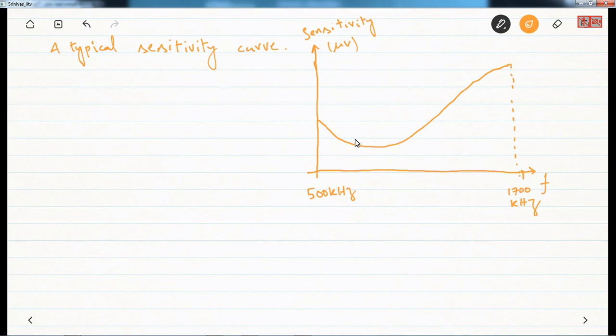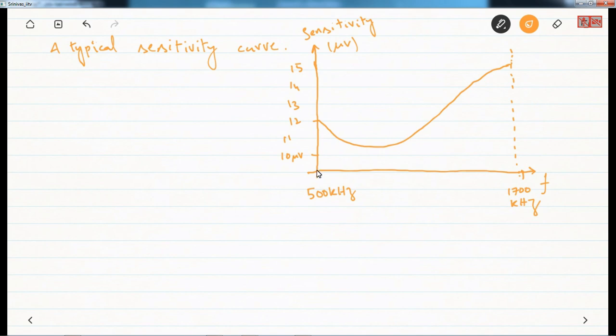Say this may be 10 microvolts, then 11, 12, 13, 14, 15.